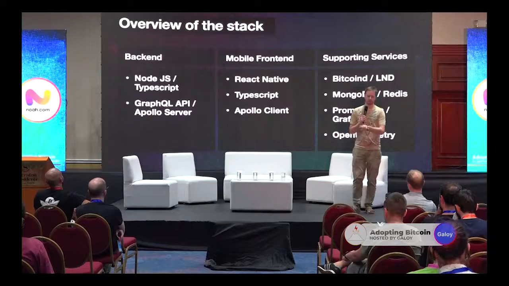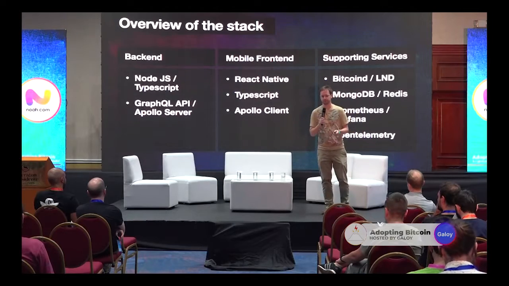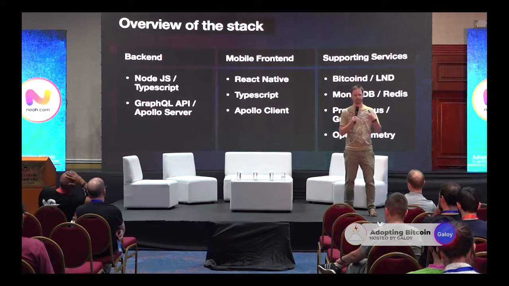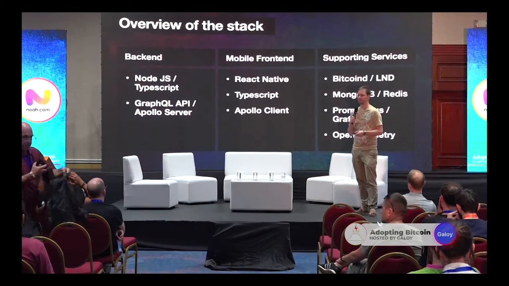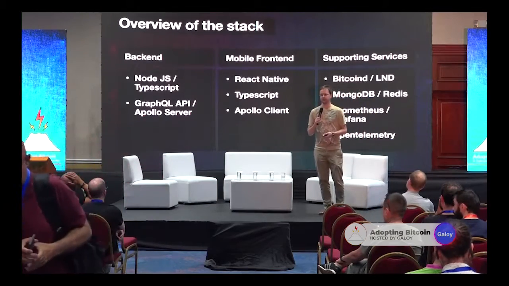All right, so a little bit of an overview of the technologies we use. In the backend services that we've written, it's all TypeScript, and our main interaction layer to the external world is via a GraphQL API that I will talk about. The front end is also in TypeScript.